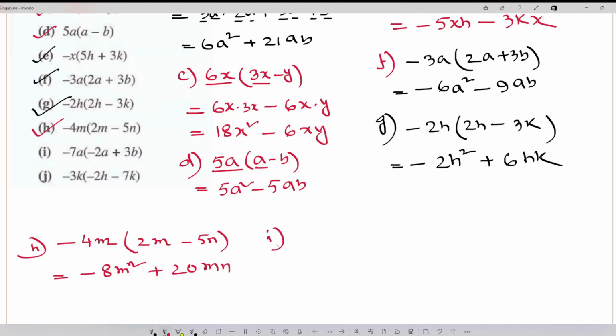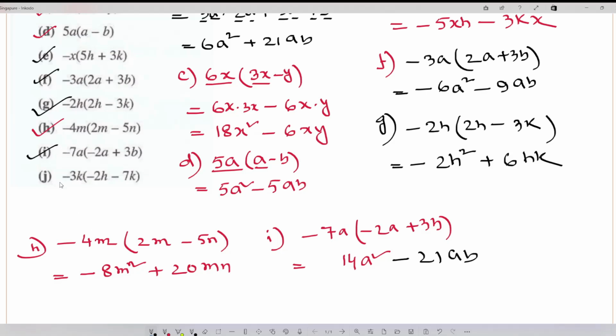Number I, minus 7a times (minus 2a plus 3b). So minus and minus plus, 7 times 2 is 14, a and a is a square. The initial plus is not important. Then minus and plus, minus 7 times 3 is 21, a times b is ab.